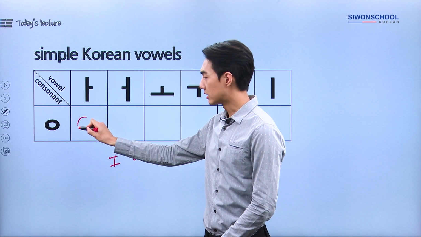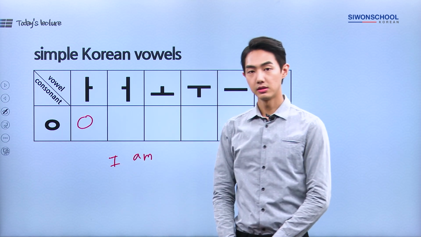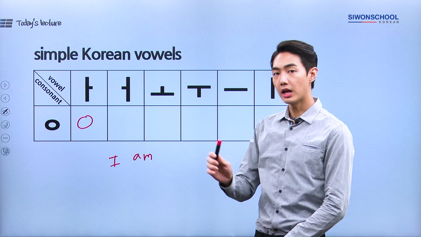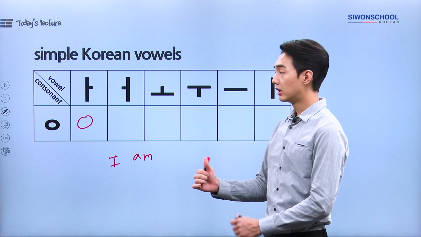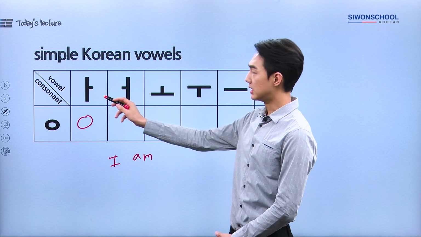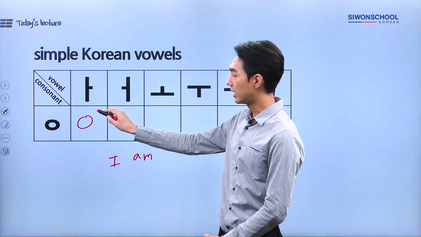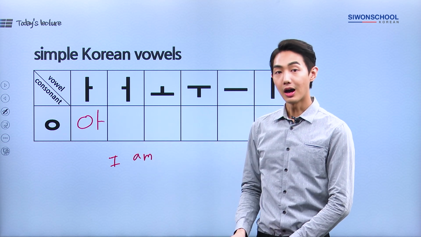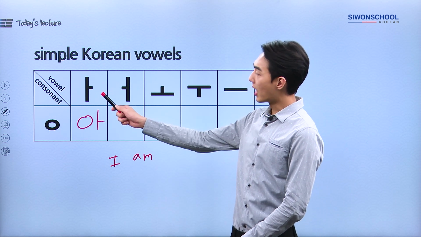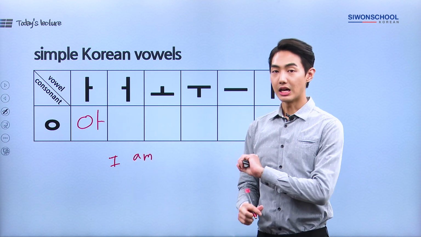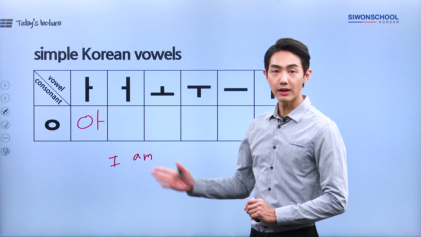So you write the consonant first, like this, and the vowel, depending on its shape, goes to the side of the consonant or the bottom. This one goes to the side. This means ah, because this is the ah sound and 이응 has no sound, so it's just the vowel sound.